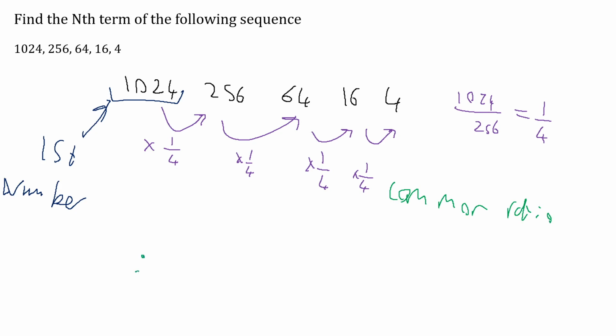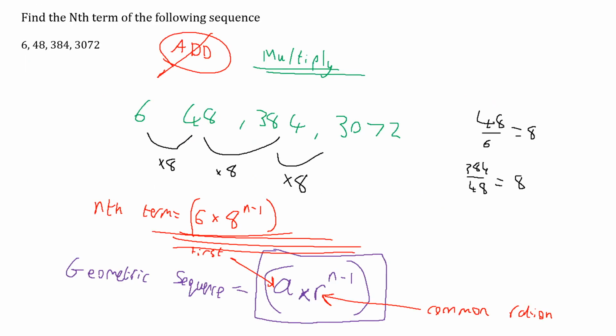And so therefore the nth term is going to equal 1024 times a quarter to the power of n minus 1. It doesn't matter what the geometric sequence looks like. It will always follow this form: a times r to the power of n minus 1.